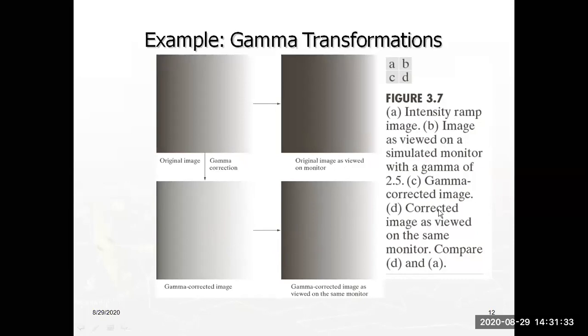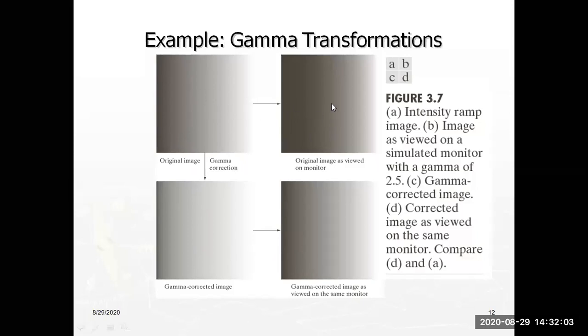D is the corrected image as viewed on the same monitor. Compare D and A, and observe the gamma correction values. This is the original image viewed on the monitor, and this is gamma corrected with 2.5, viewed on the same screen.